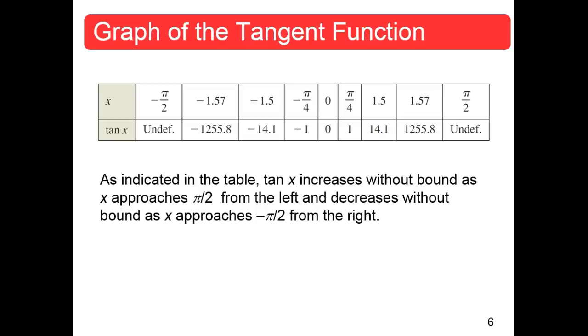Remember this was negative 1.5708. If you drop to negative 1.57, you're still at a very, very large negative number. So you're approaching negative infinity as you go toward there. So you're starting way low. I don't really worry with those two, but they throw them in there so you can see.